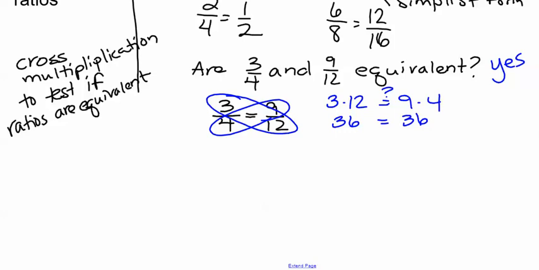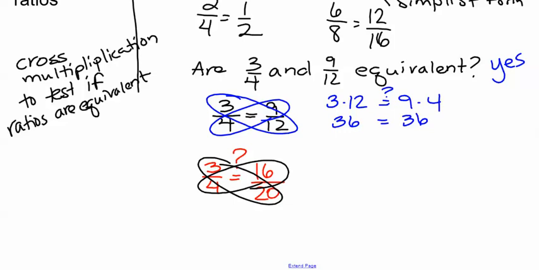We did another example in class where we had 3/4, and we were testing, is that equal to 16 to 20? So we do the whole butterfly mathing. The next step we would do is write 3 times 20, and we want to know, does that equal 4 times 16?